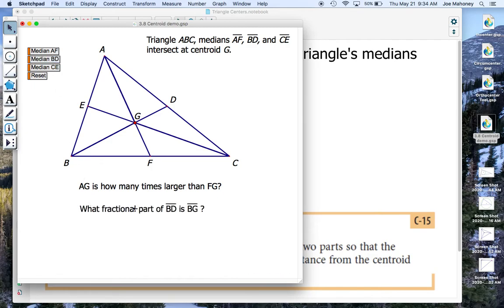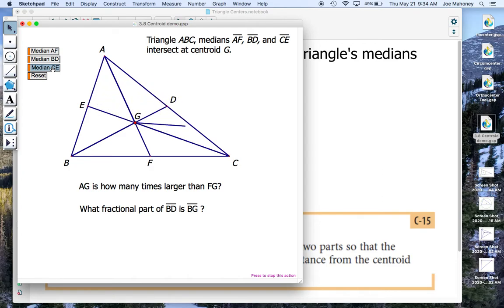Now, what fractional part of BD, the whole median, is this first part from the vertex of the triangle to the centroid? Remember, there were 2 of them, 2 out of the 3. That fractional part is 2/3. Pretty neat. We don't want this third median to be left out.